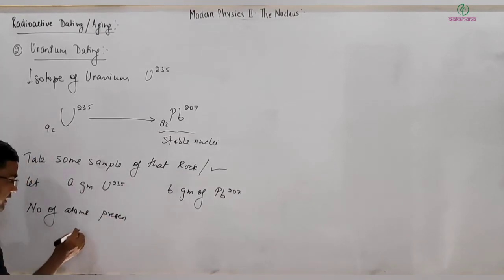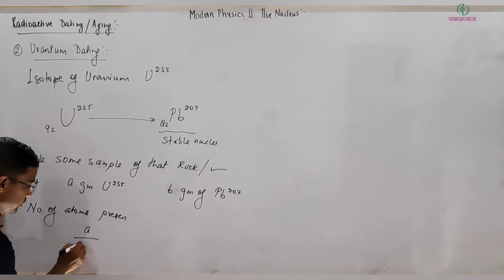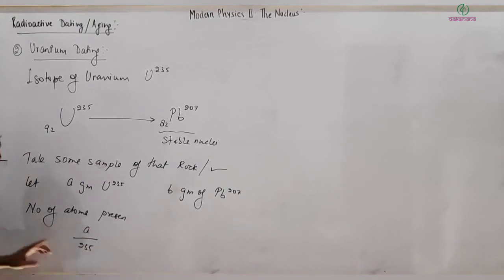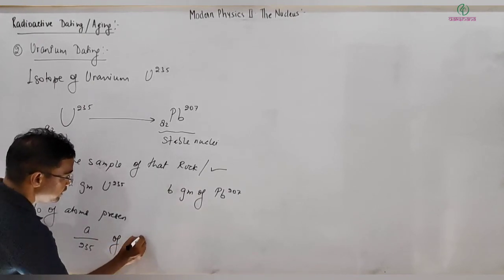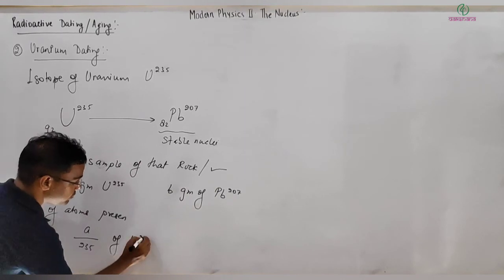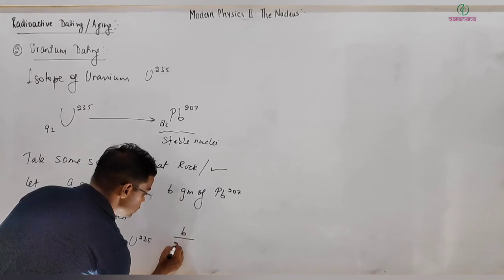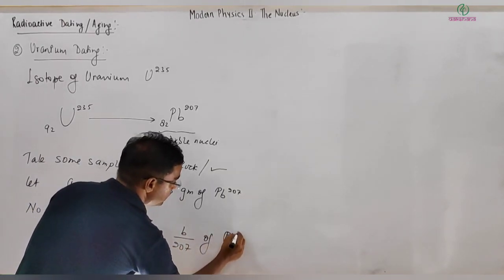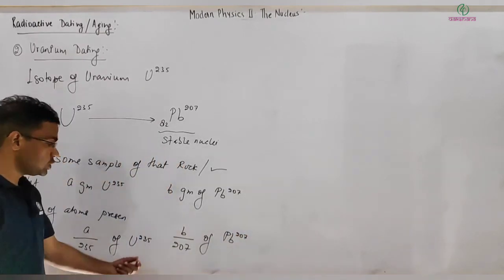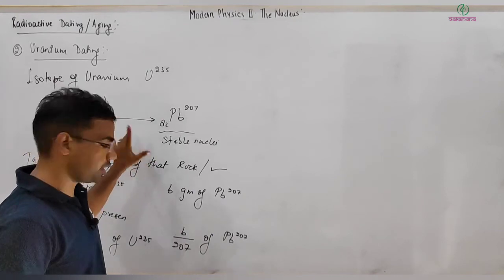So you can write the number of atoms of uranium 235 in the sample as a divided by 235, the molar mass. Similarly, b divided by 207 will be the number of atoms of lead 207.